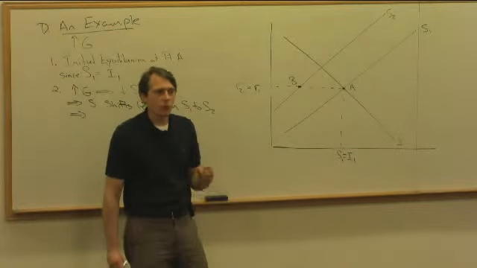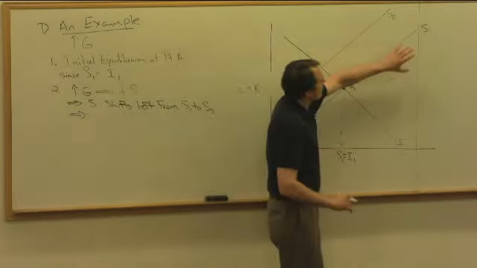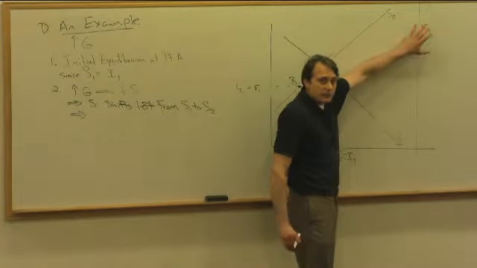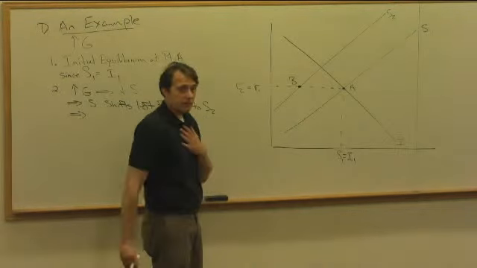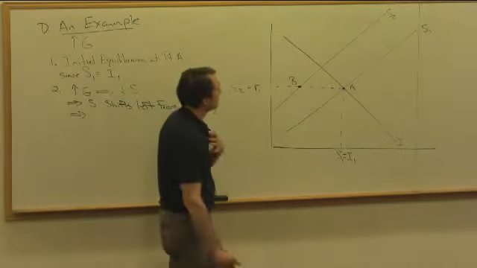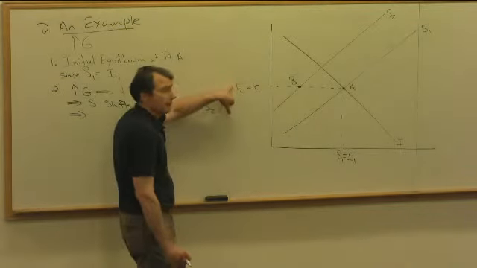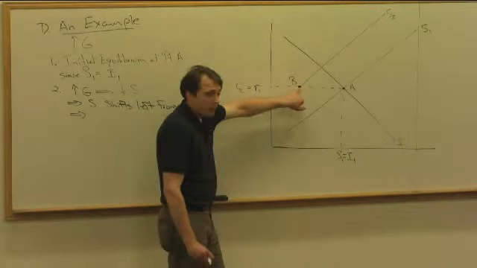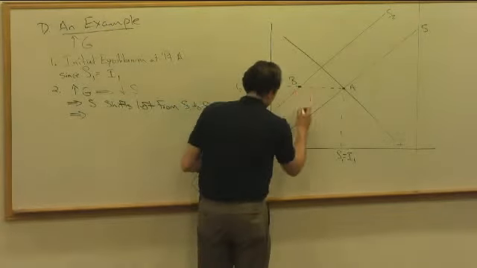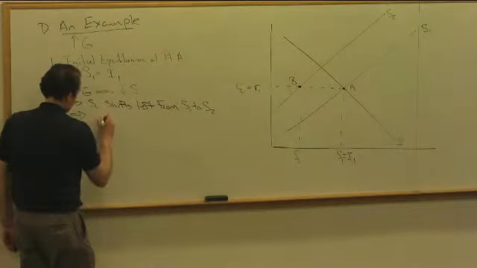You can just mentally blot it out and pay no attention to it. Then if you need to find the quantity supplied of national savings, there's only one national savings curve left. That's S2. If you go from the real interest rate R2 to the national savings curve S2, you end up at point B, and that means the quantity supplied of national savings is going to be S2.